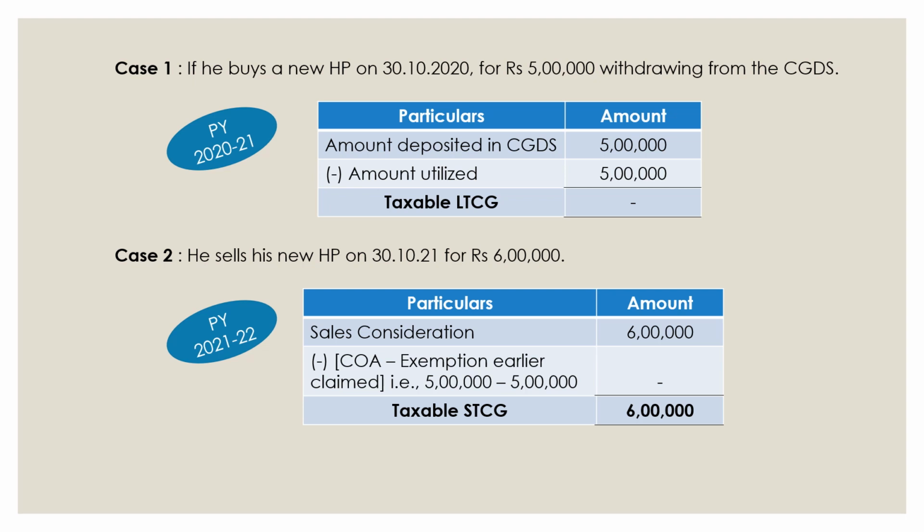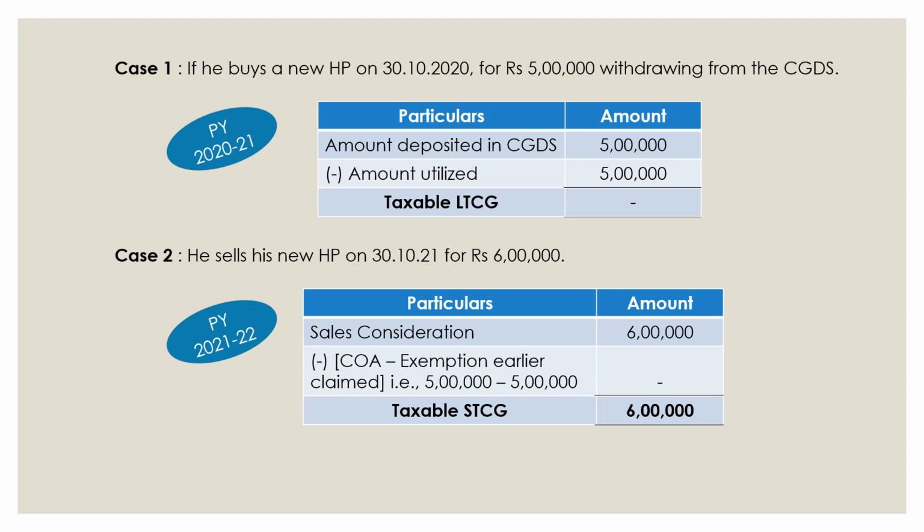Now, as an extension to the same illustration, let's assume that this first case occurs. That is, he buys a new house property on 30/10/2020 for 5 lakhs withdrawing from the CGDS.